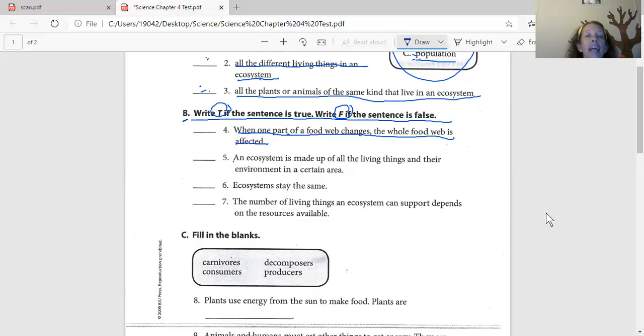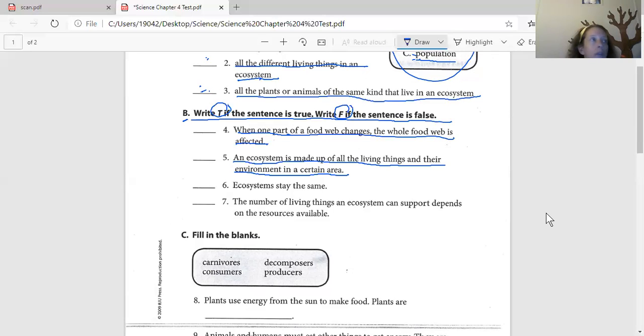Number 5. An ecosystem is made up of all the living things and their environment in a certain area. True or false? T or F? An ecosystem is made up of all the living things and their environment in a certain area. True or false? I am finished with number 5. Yes or no?